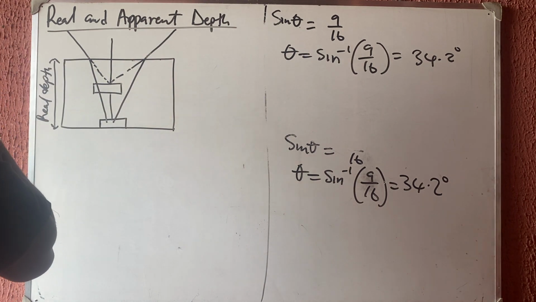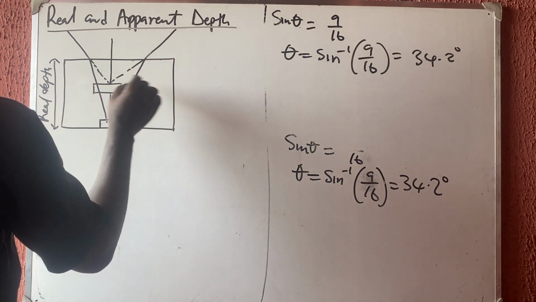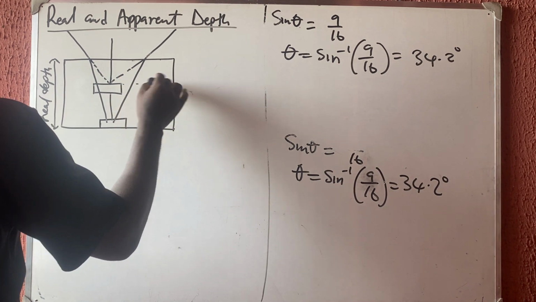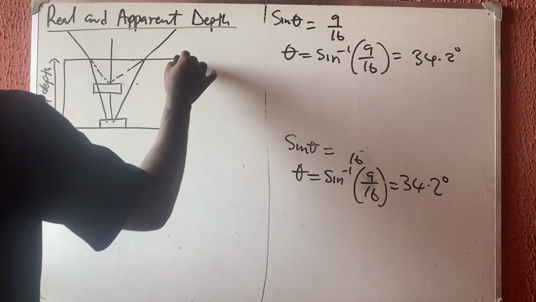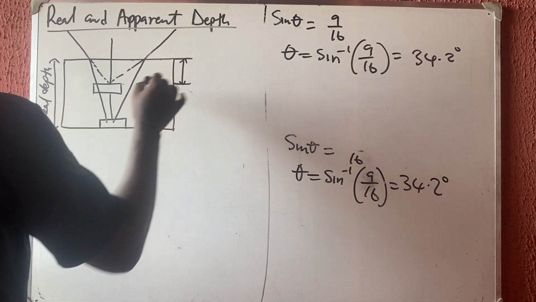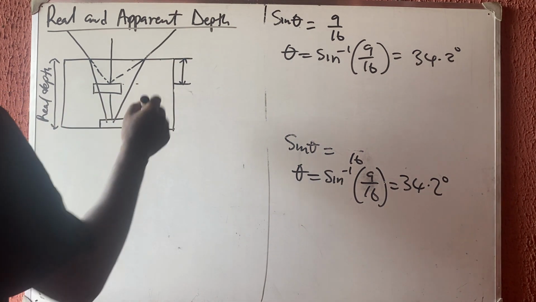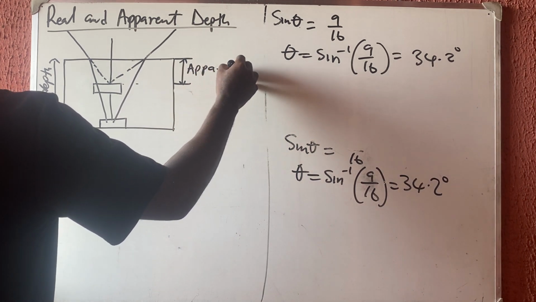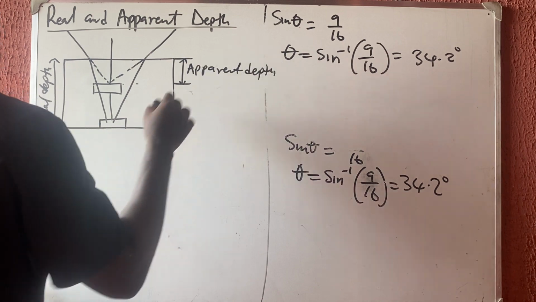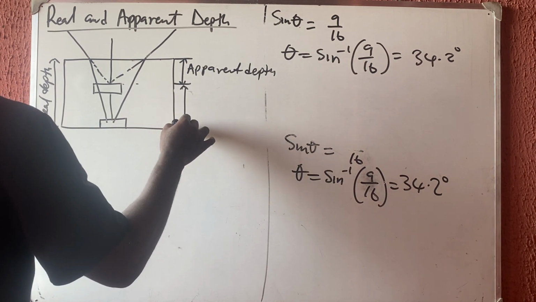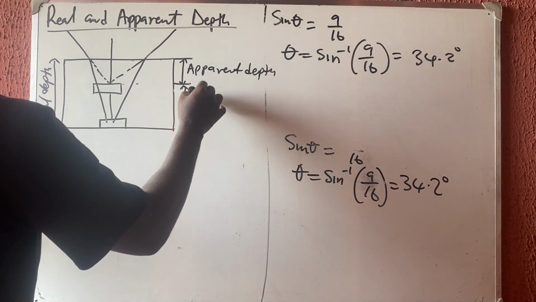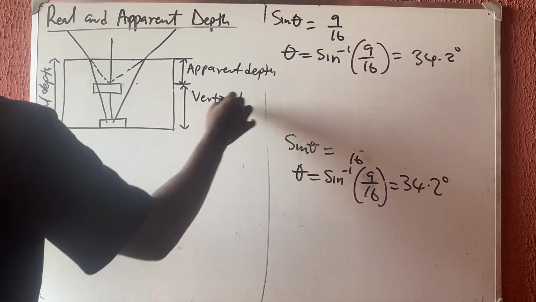But from where it appears to be, from here to here, is what we call the apparent depth. From the word appear, you know that it is apparent depth. The difference between them we call the vertical displacement.